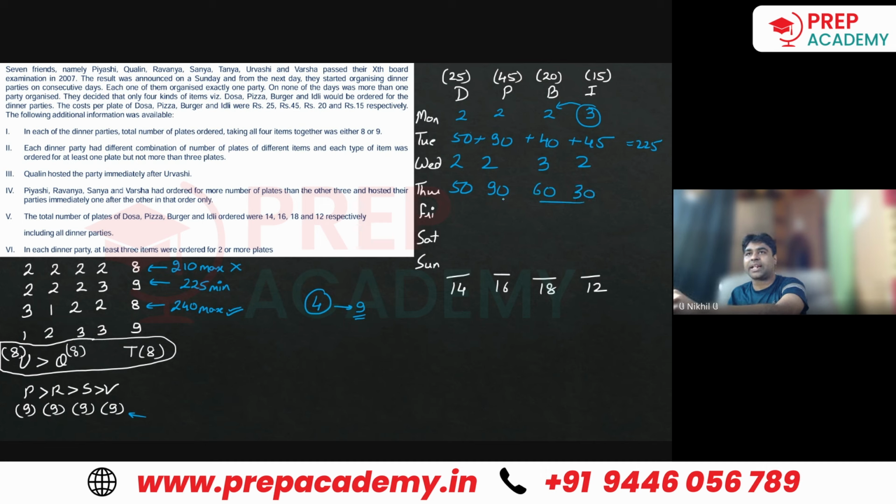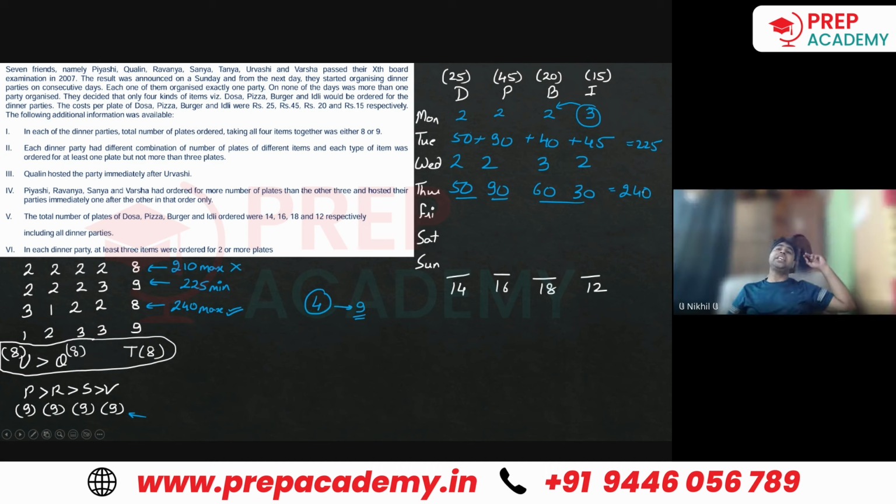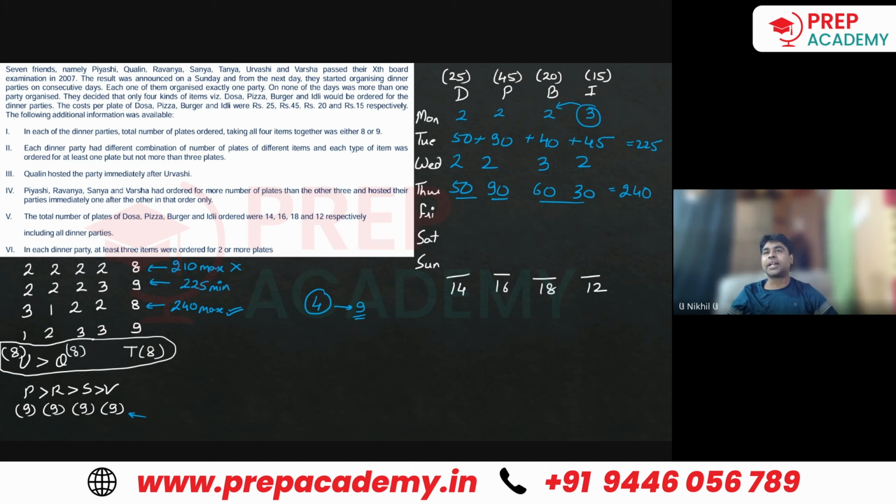So 90, 90, 180, 180 plus 50 would be 230. Even the second cheapest party that can be organized, ordering 9 items, is 230, which is lesser than the maximum 8 items cost.